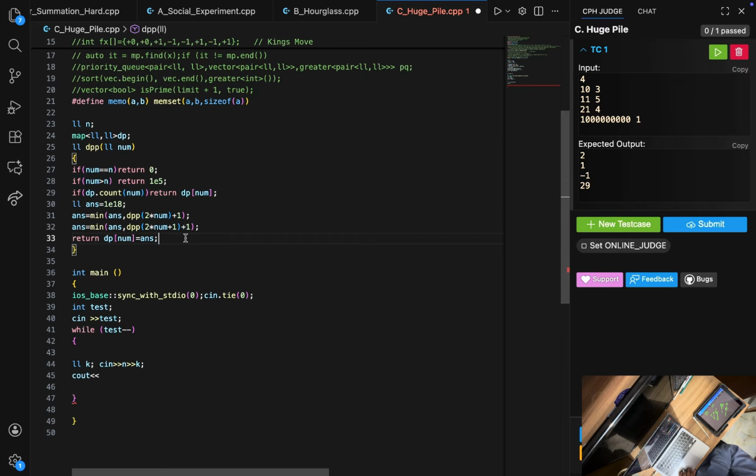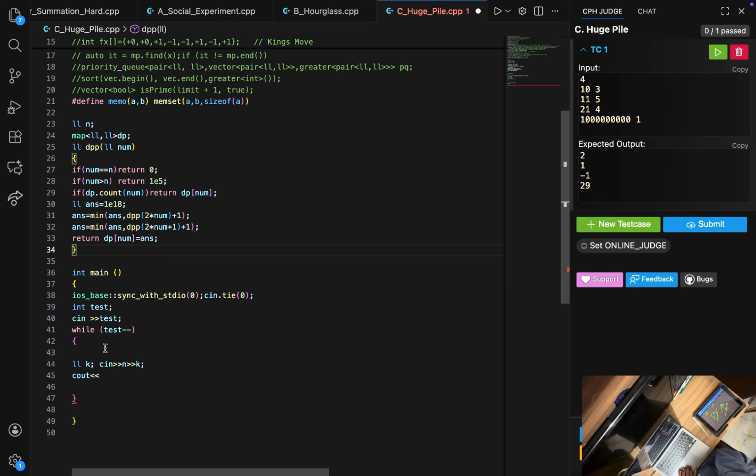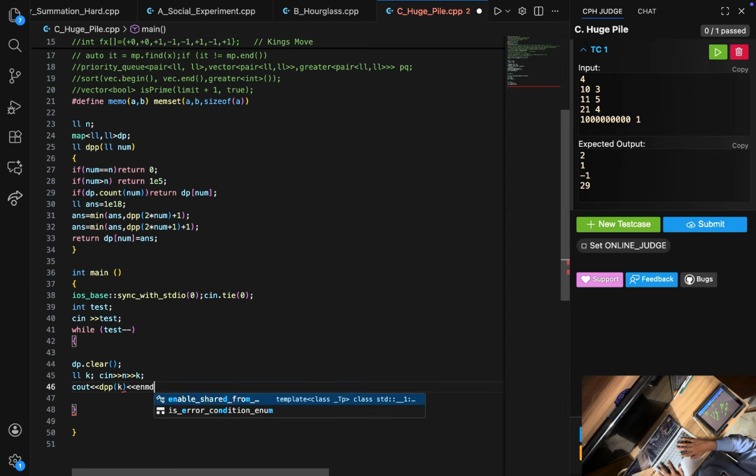If there is no way, what will it do? If there is no way, it will return 1. Yeah, let's see the output. DP, okay.